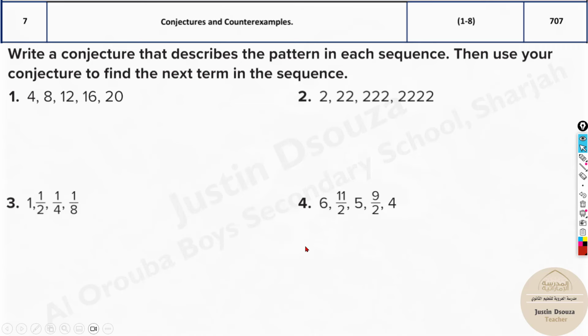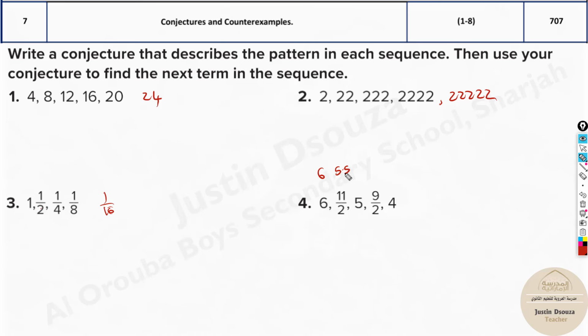Over here it's 1 half, 1 fourth, 1 eighth. You're dividing by 2. Again, divide by 2. Divide by 2 means you multiply it in the denominator. 2, 4, 8. Again, it will be 16. Now, what about this? Okay, it's 11 by 2. 11 by 2 is how much? 5.5, right? So you can just put it in the calculator and check.